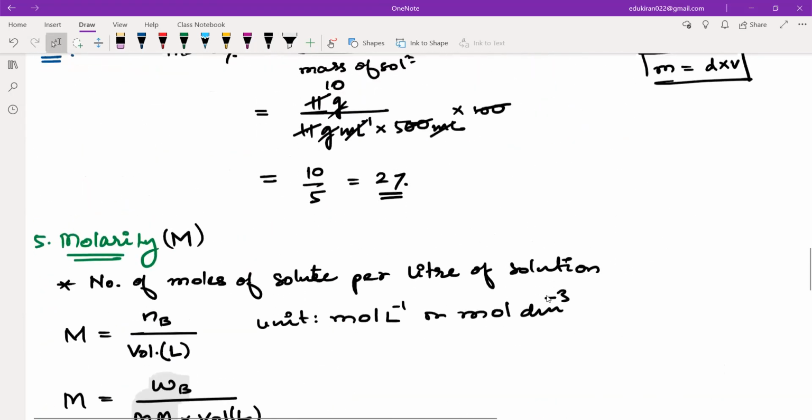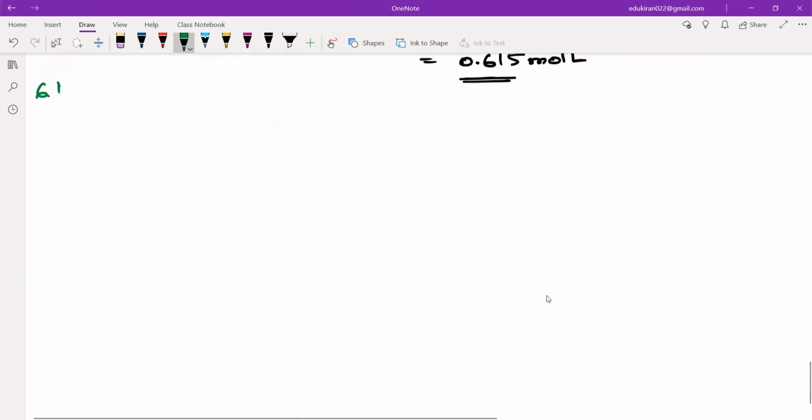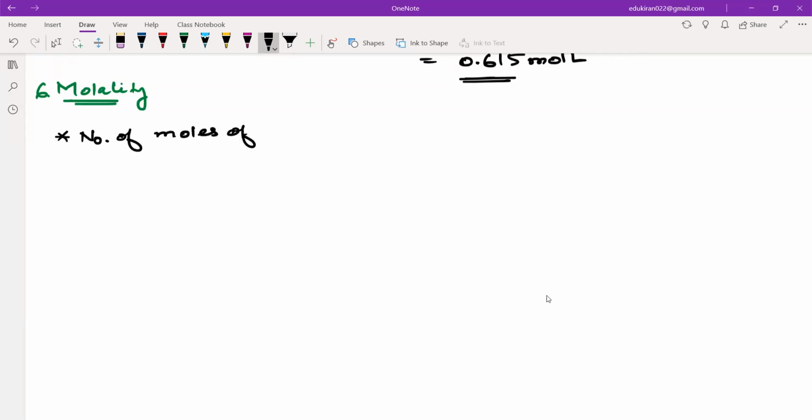The sixth is molality. What is molality? It is moles per kg of solvent, that is, number of moles of solute per kg of solvent. This is important: it is per kg and it is of solvent. Molality is given by the small letter m.